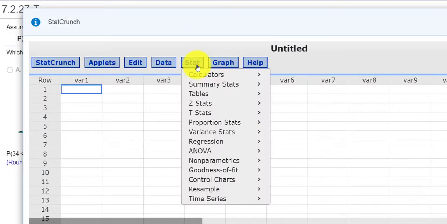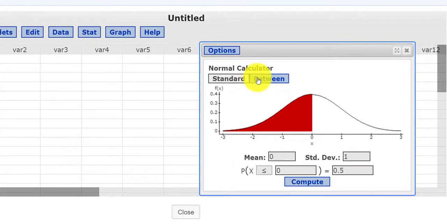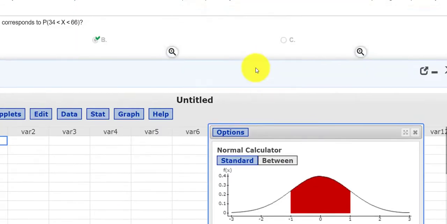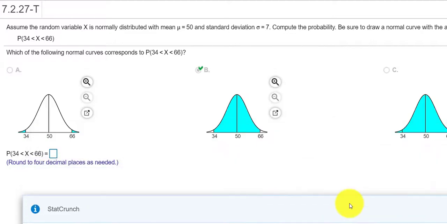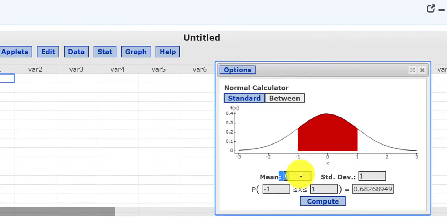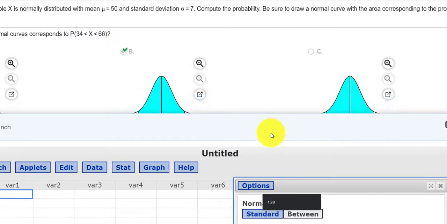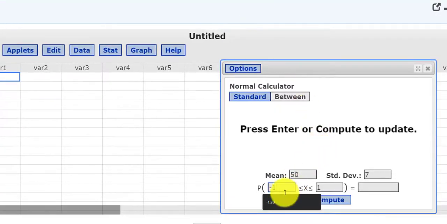I can press stat, calculators, normal. Now we want between two values. They gave us a mean and standard deviation, I believe, still 50 for the mean and 7 for the standard deviation. And the two values were 34 and 66.